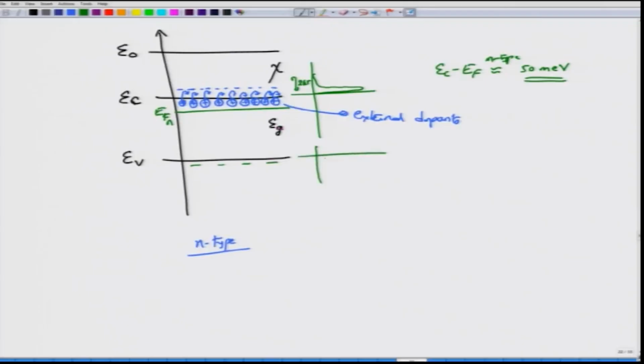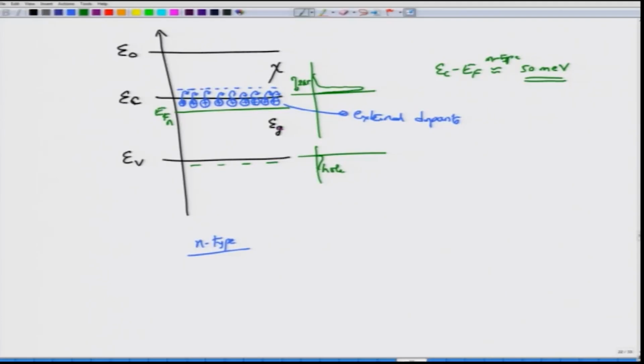In fact, you can find out what would be the hole concentration in an extrinsic semiconductor material by utilizing a certain equation, which we do not need to worry about at this point. So, this is the hole concentration, and the hole concentration will not be exactly localized to 2 kT, it will go slightly beyond that. But compare this, the electron concentration is quite high, the hole concentration is quite small.